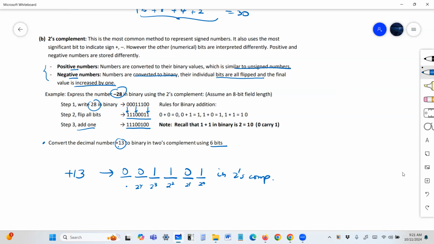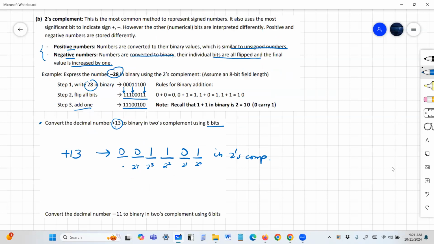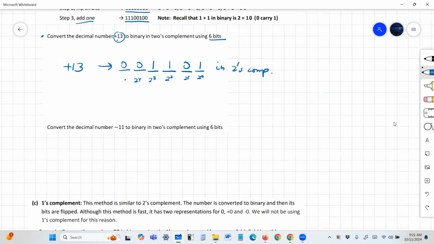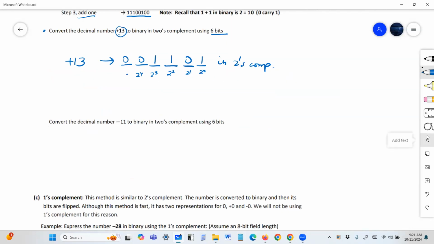Now, if the number is negative, let's see the other example that I have. If the number is negative, then I have to do the 3 steps. First, let's say that I'm using 6 bits. Here are my 6 bits. The very first thing I'm going to do is write the number 11 in binary in 6 bits.